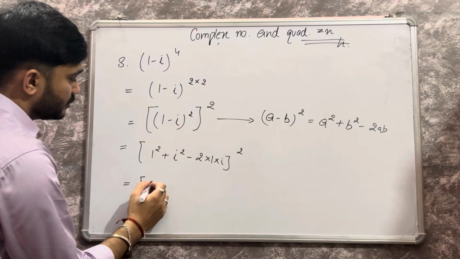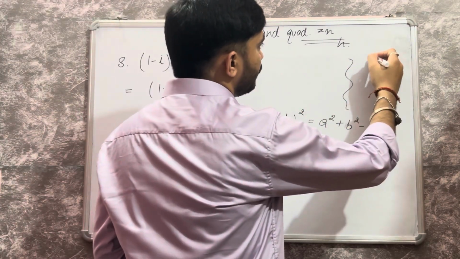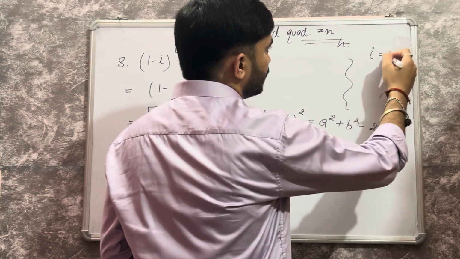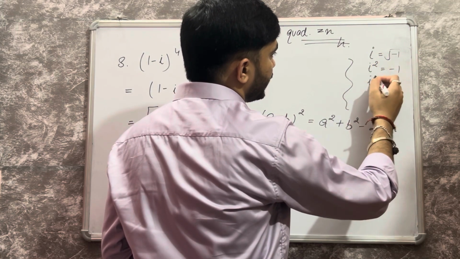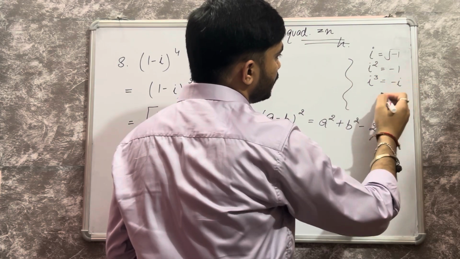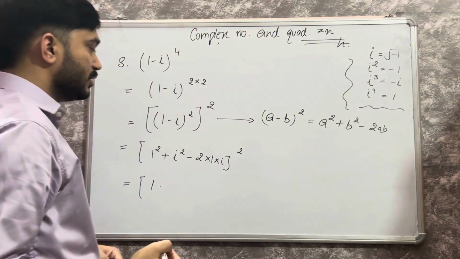What is the value of 1 square? 1. What is the value of i square? As we have already mentioned, the value of i is the square root of −1. i² is −1, i³ is −i, and i⁴ is 1. Please remember all these values.